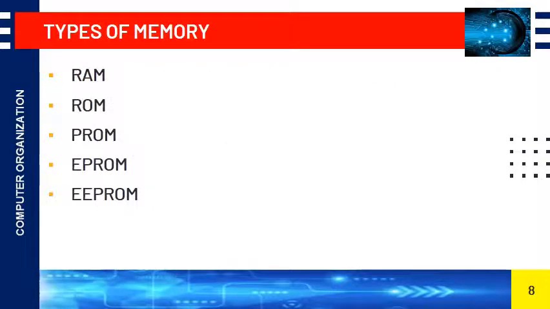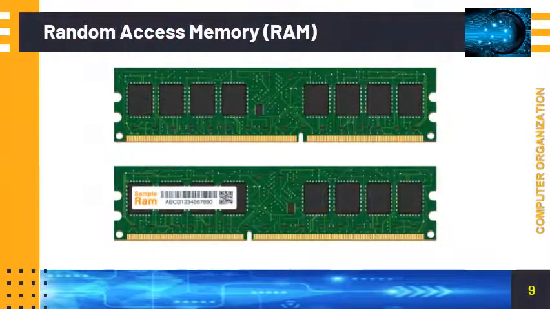Next, types of memory. Memory can be classified into RAM, ROM, PROM, EPROM and the last one is EEPROM. Now let us see each memory one by one. This is the picture of RAM. RAM stands for random access memory.